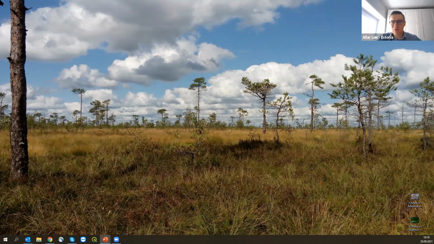If the owner wants to plant only fir trees, the environmental board says that you can have fir trees in your forest, but you still need to have a spruce, pine or birch stand to be considered as a new forest growing. I hope this answers your question.